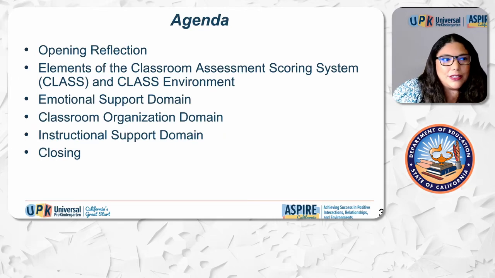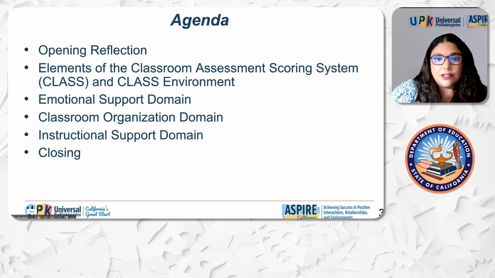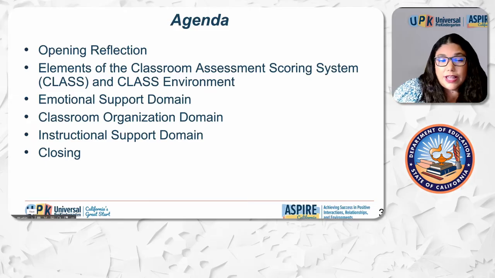We're going to start with going over our agenda for today. We'll begin with an opening reflection to ground ourselves in the importance of learning environments. Next, we'll review the elements of the class framework and how the class environment tool complements it. We'll dive into the three key domains of emotional support, classroom organization, and instructional support, exploring how each connects to the physical environment.